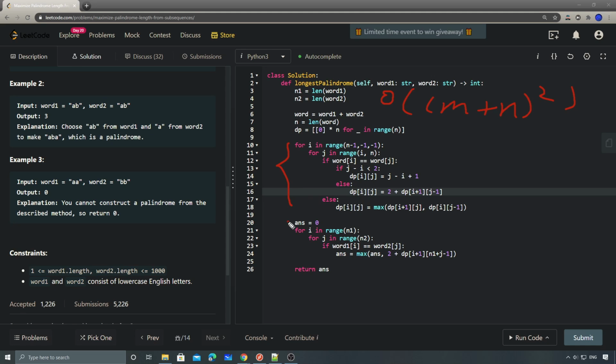And similarly for the space, this one is also like n square, or m square.